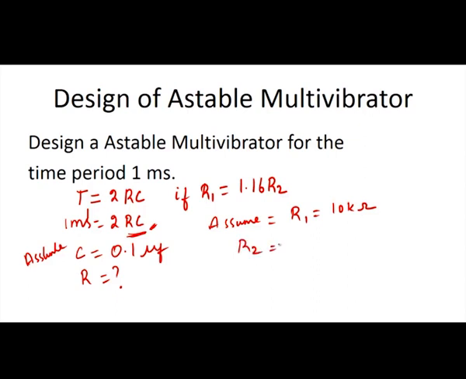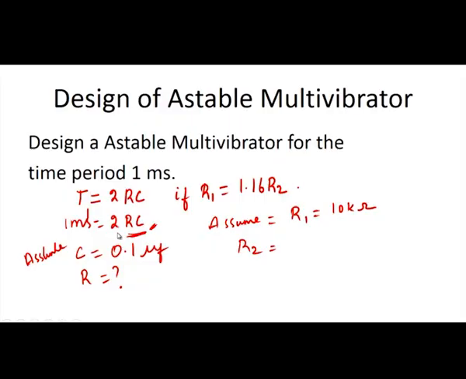Calculate what is R2 from this equation, and now you have calculated the resistor values R1, R2, R and C for the time period T. So put all these passive components and construct an astable multivibrator, then you will definitely get the output waveform for the time period 1 millisecond, and this is the total time period.